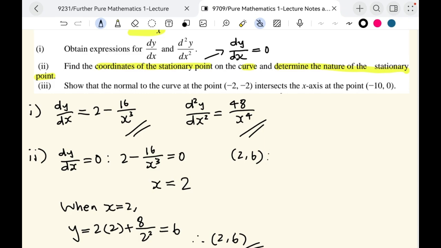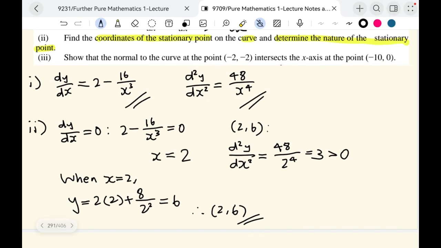So for the coordinates (2, 6), d2y dx squared is equal to 48 divided by 2 power 4. 2 power 4 is 16. You will get 3. Okay, d2y dx squared is 3, and it's positive, greater than 0. So what is your final verdict? It is a minimum.